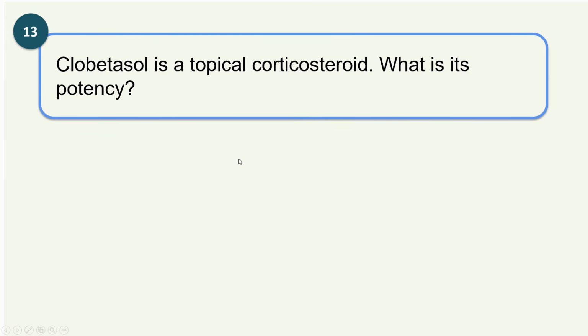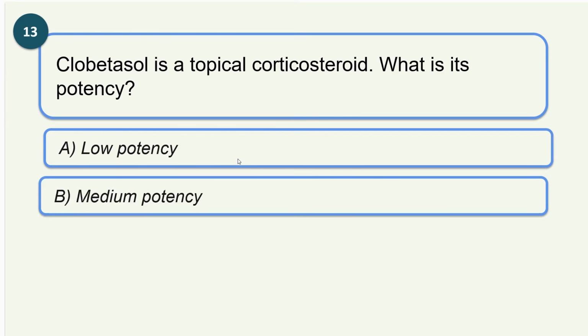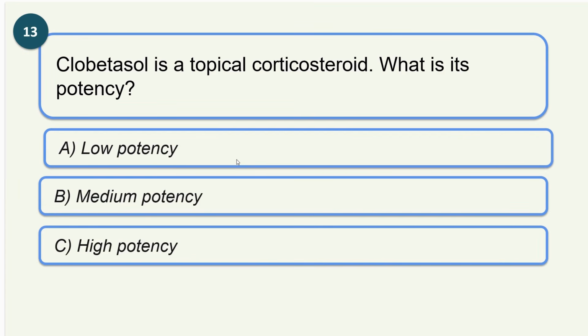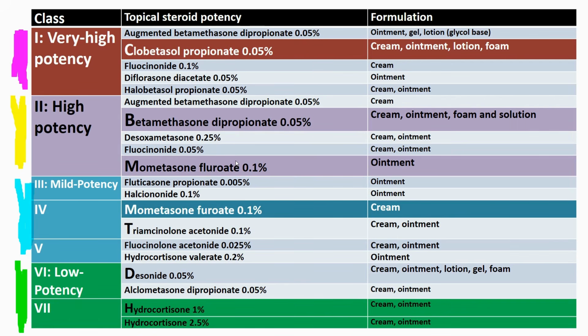Next, clobetasol is a topical corticosteroid. What is its potency? A. Low potency steroid. B. Medium potency steroid. C. High potency steroid. D. Very high potency steroid. Correct answer is very high potency steroid. Among the steroids, topical steroids have various potencies.